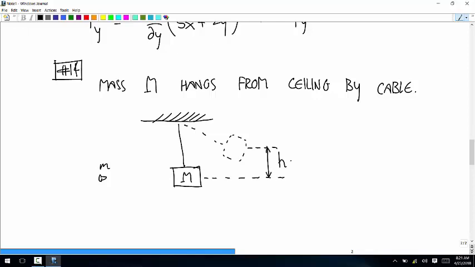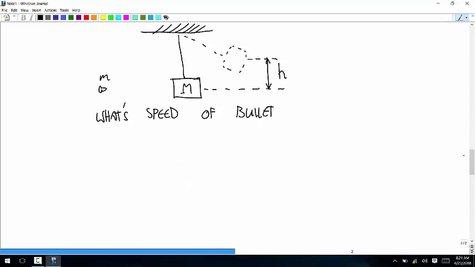That's the change in the heights. What's the speed of the bullet? So we're trying to figure out the speed v.